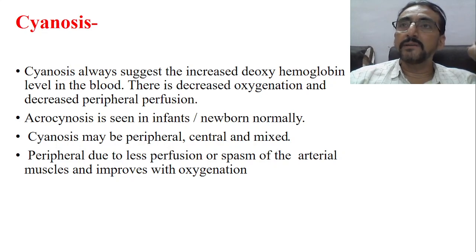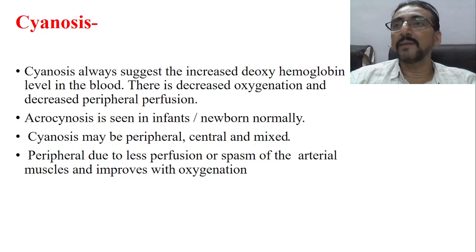If the patient has predominantly peripheral cyanosis, the cause is decreased peripheral perfusion. The peripheral parts of the body receive less blood, so the oxygen concentration is also less, and as a result cyanosis develops.